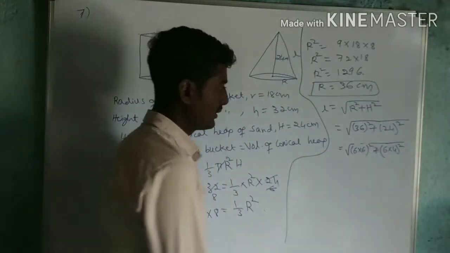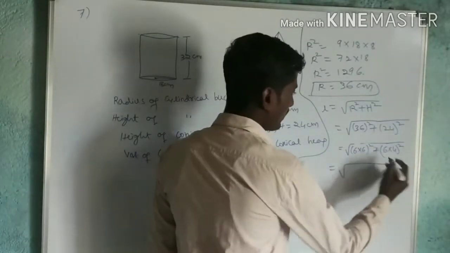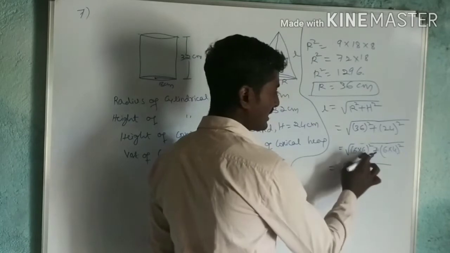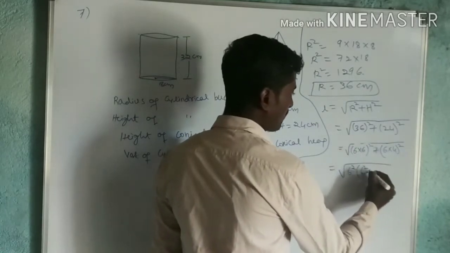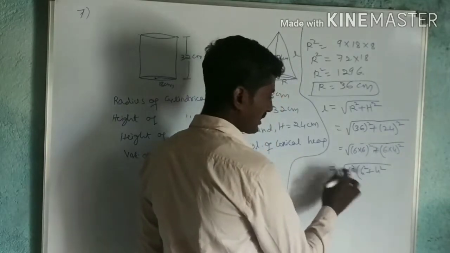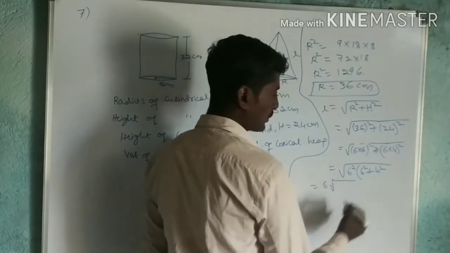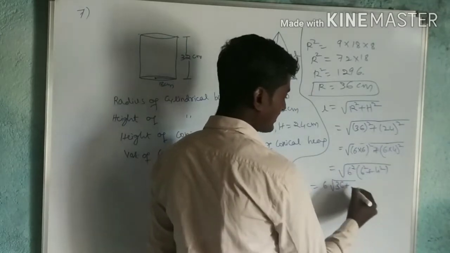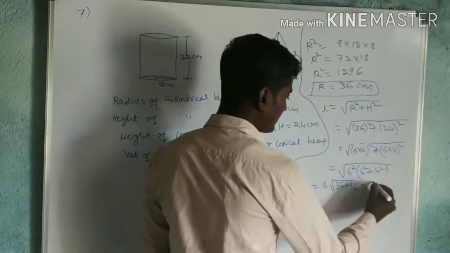Okay. Now here in these two I can take common 6 square. I will take 6 square outside. Inside what will be there? 6 square plus 4 square. Now this 6 square comes outside. It will become 6 root, 6 square is 36 plus 4 square is 16. Now this is 6 root.